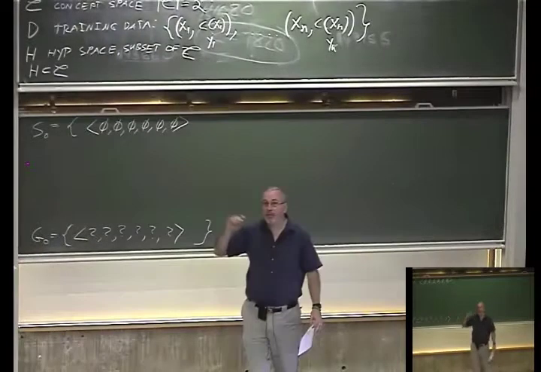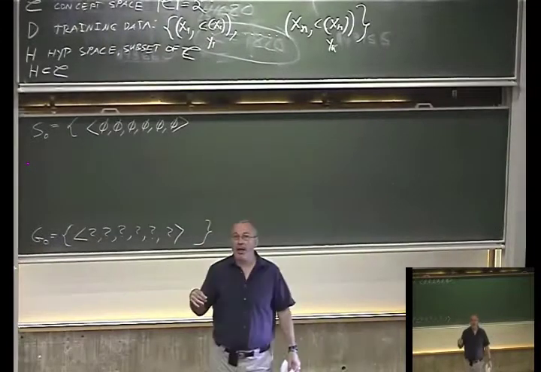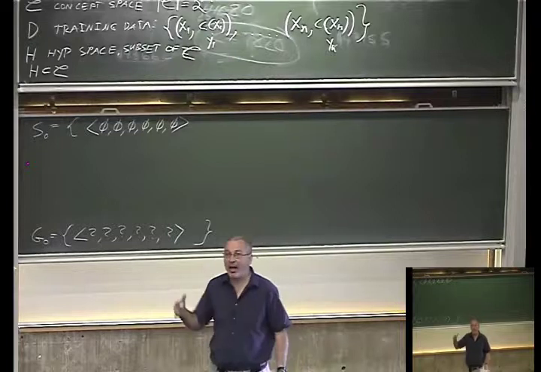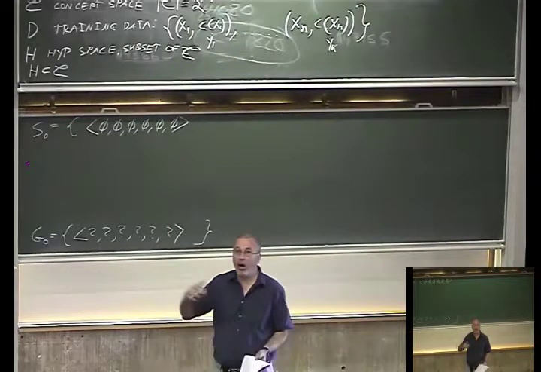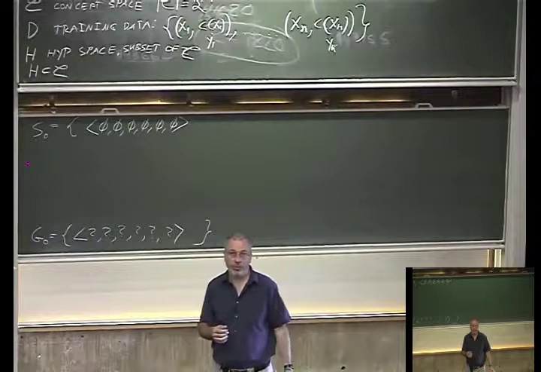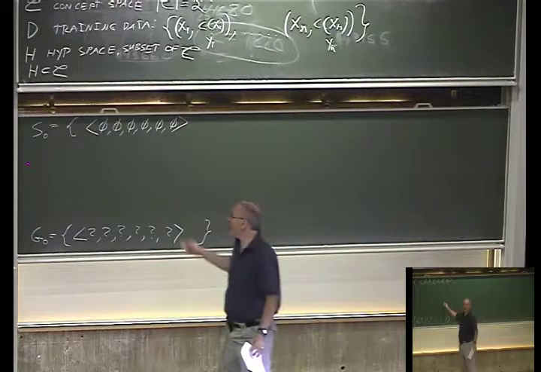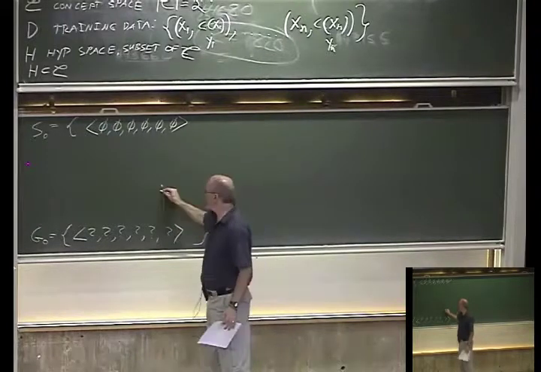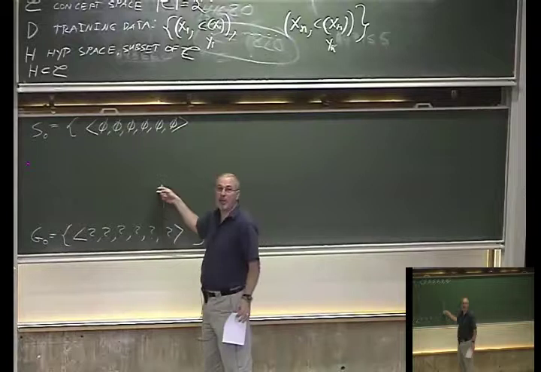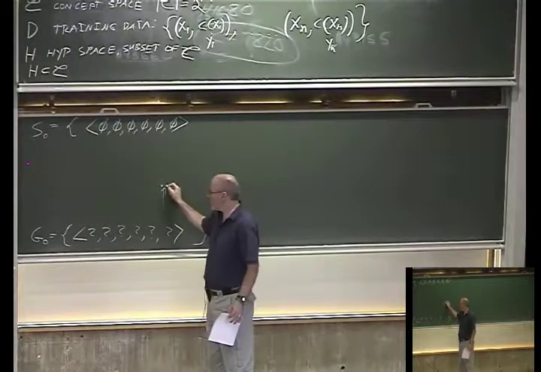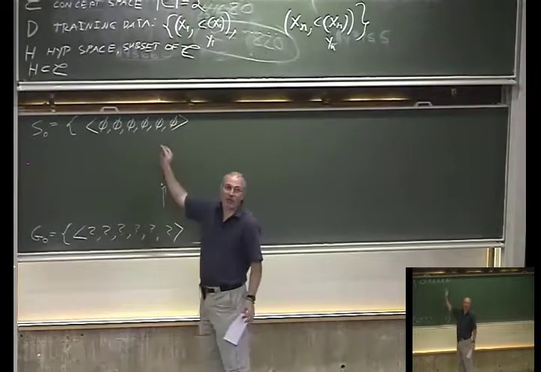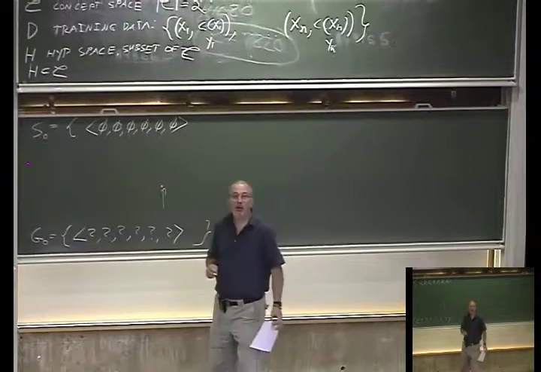Now this is a very simple form of the S and G, and notice that they implicitly capture in between them all of H. Every member of H sits somewhere here and is connected by these arrows, these more specific than, less specific than arrows, to some member of G and to some member of S. This is important.